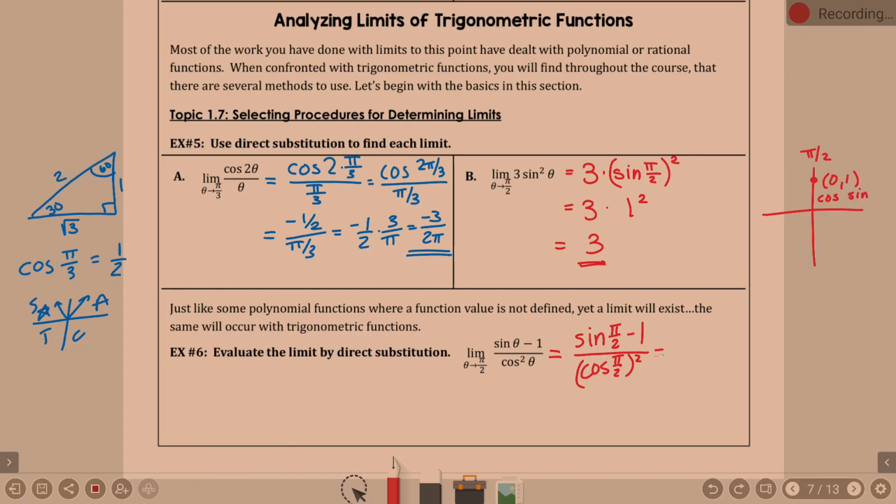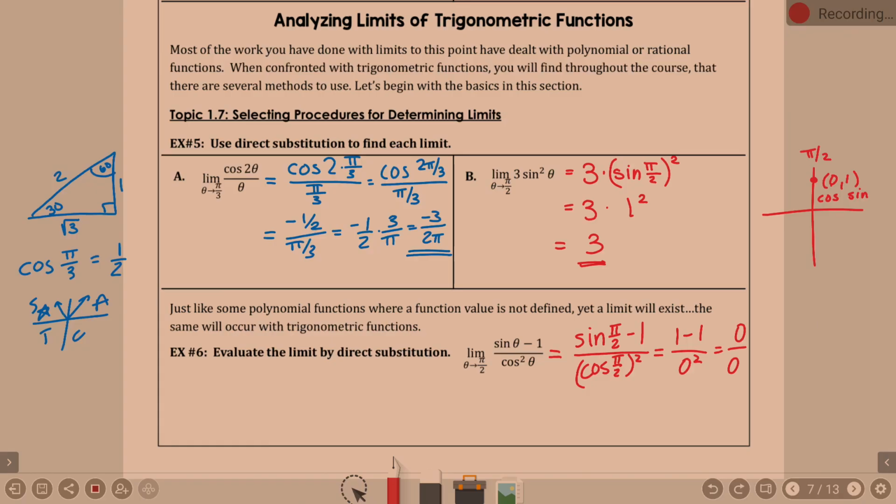Well, sine of pi over 2 we just did, right? So 1 minus 1, which is 0 on top. What's the cosine of pi over 2? Also 0, because the x value is 0. So we end up with 0 over 0.